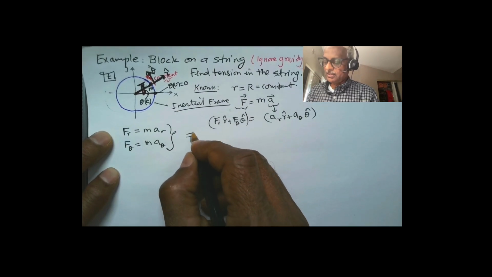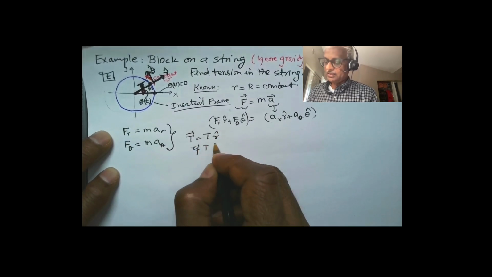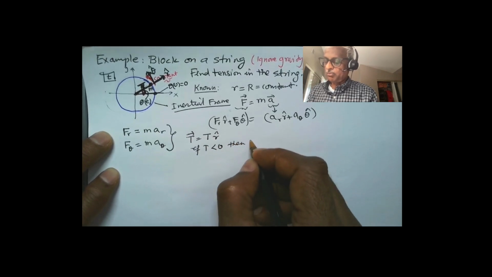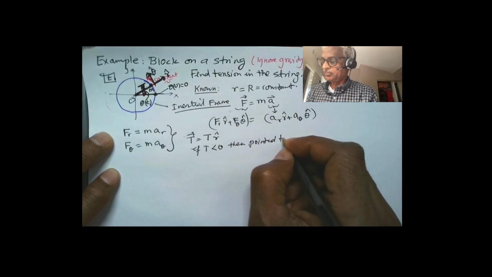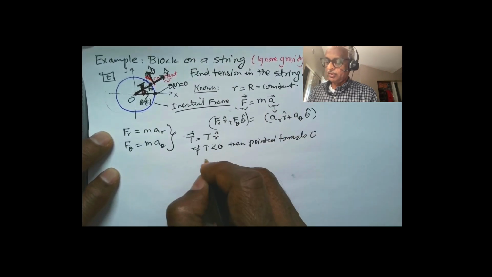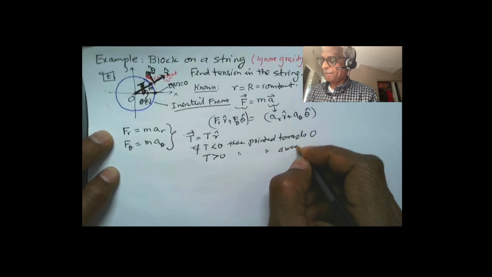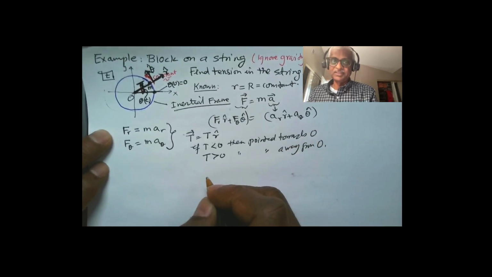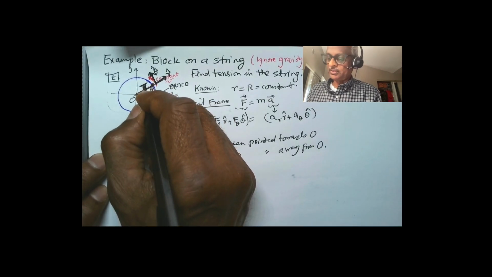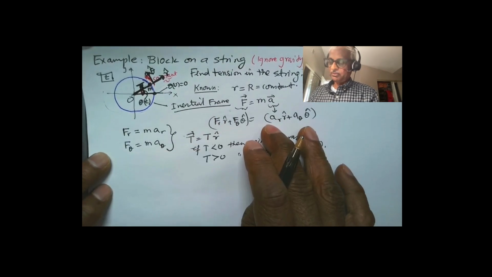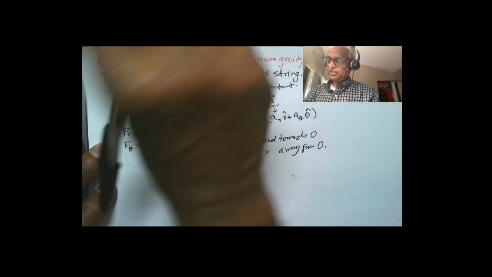So T is along r hat. If T is negative, then it's pointed towards O. If T is positive, then it's pointed away from O. Physically, we know tension will be pointed towards O, but the math will be consistent and work out fine.